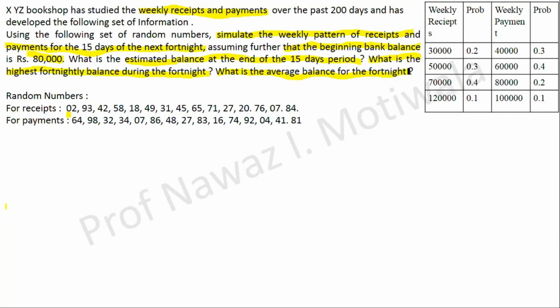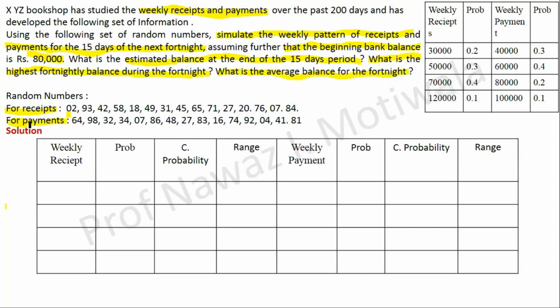So again, what is our basic rule? First, make the random range table or random number table. As there are two different things, there are two different random number ranges, one for receipts and one for payments. So I will make the table like this.